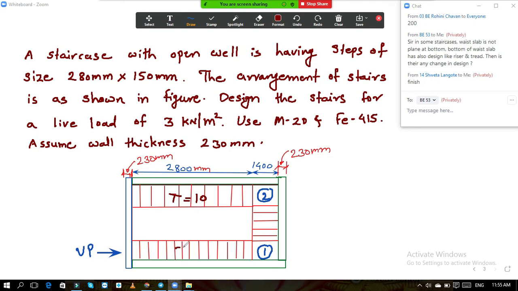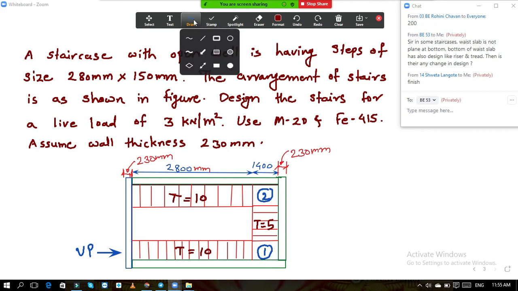And in this also T is equal to 10. This is already given in the figure. And here T is equal to 5. Here the treads are 5.